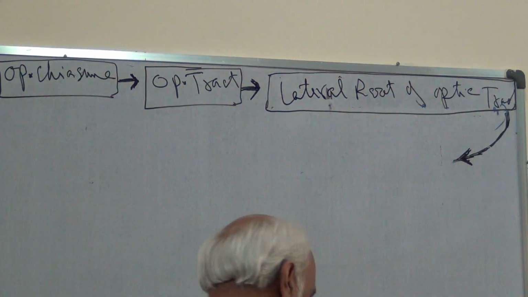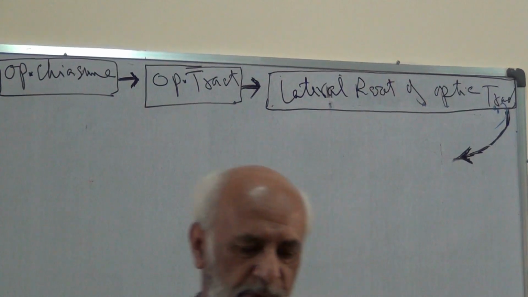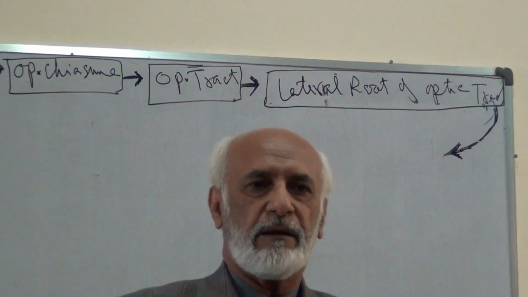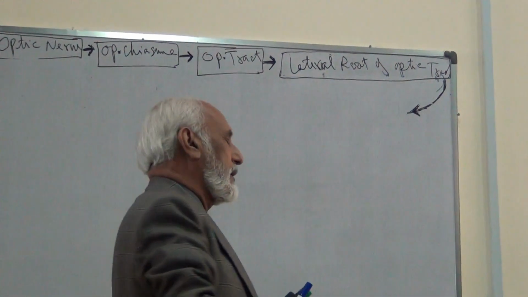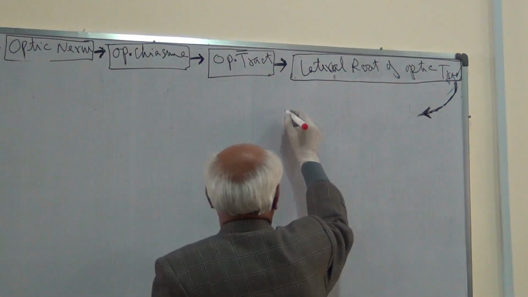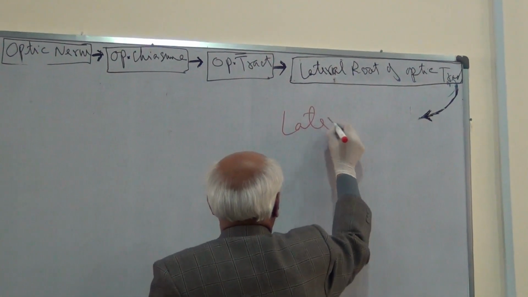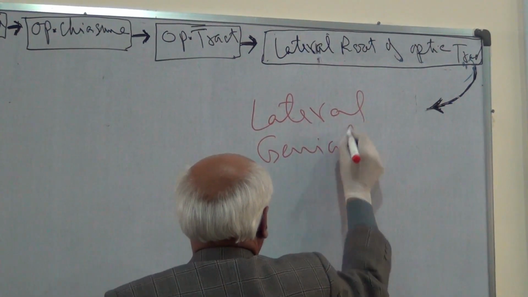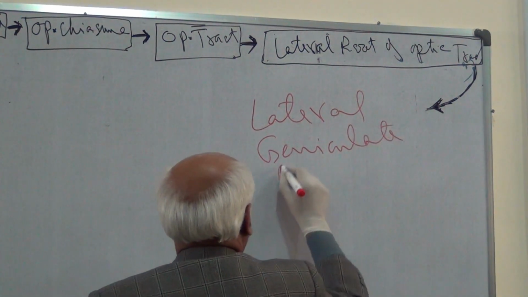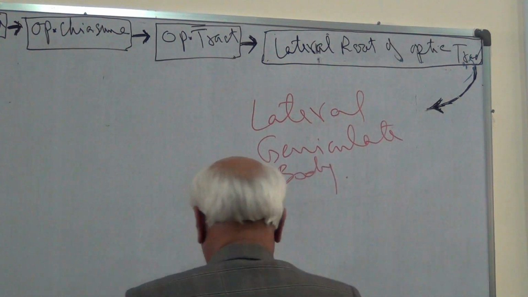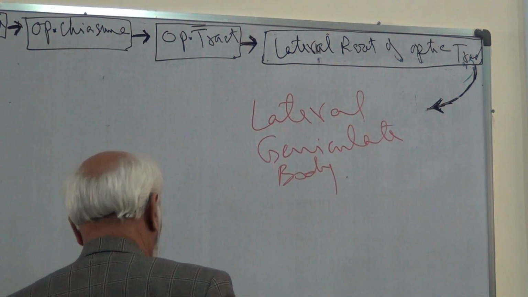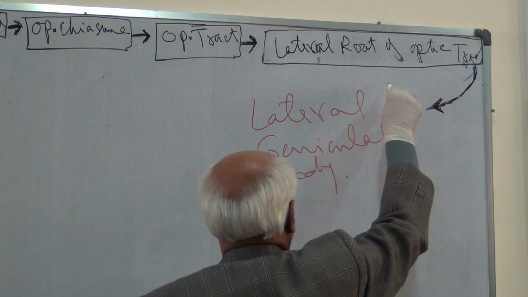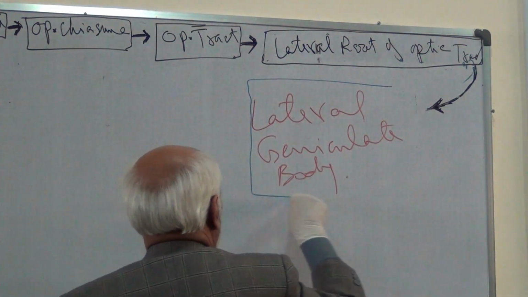And you know the fibers of the lateral root of the optic tract relay in the lateral geniculate body, which is the relay station in the visual pathway.